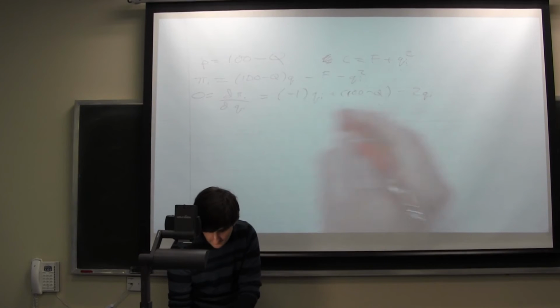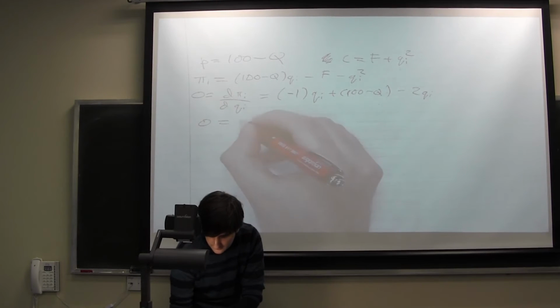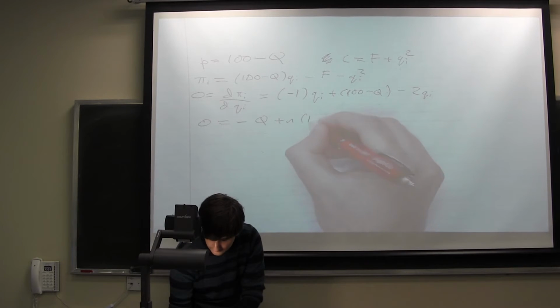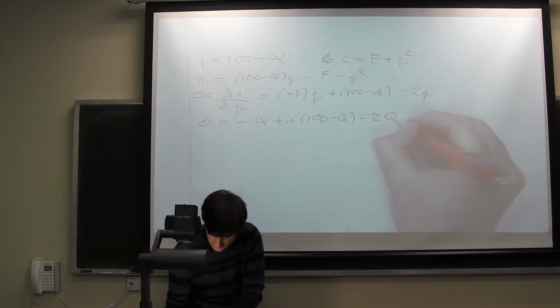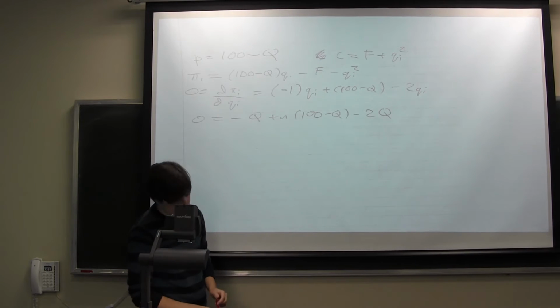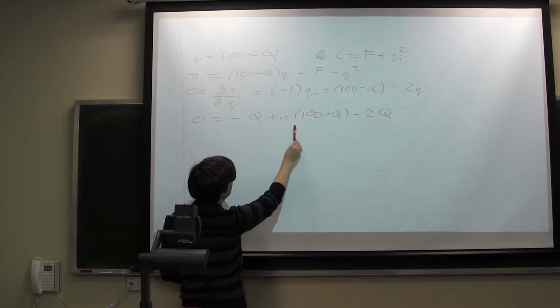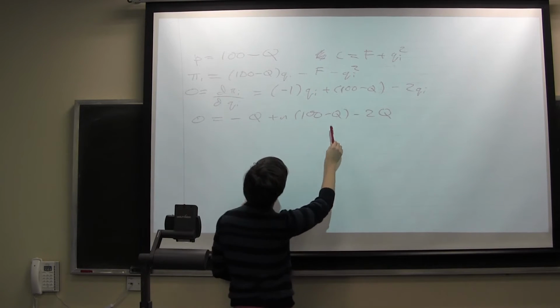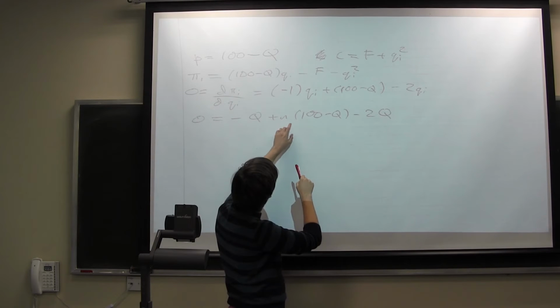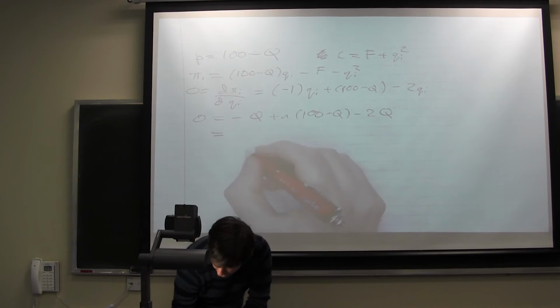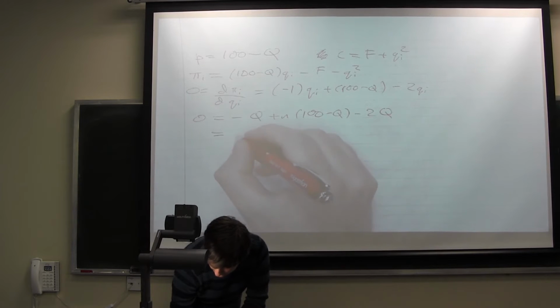It holds for all i, we can add them all together just as normal, so we get minus capital Q plus n copies of 100 minus capital Q minus 2 times capital Q. So now let's collect all the Q's together.